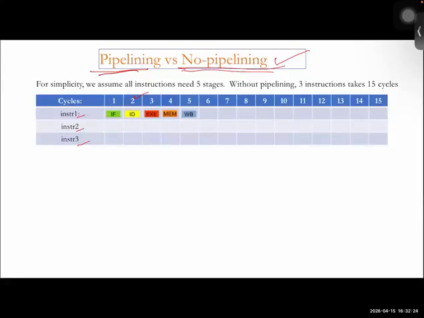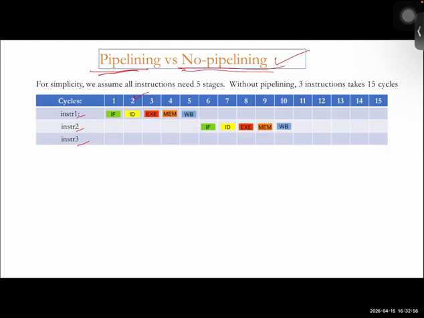So in non-pipelining, the second instruction starts executing at the 6th cycle, and it keeps going on. In the 7th cycle, it goes to the instruction decode stage. In the 8th cycle, the ALU will compute. In the 9th cycle, the ALU output will either be read or written into the memory. In the 10th cycle, the result will be written back into the register file.